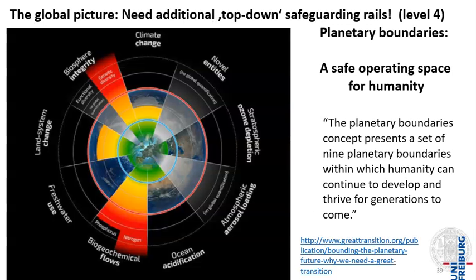The planetary boundaries are also system level indicators, because here we have the Earth system as a whole that provides physical boundaries to human activities.